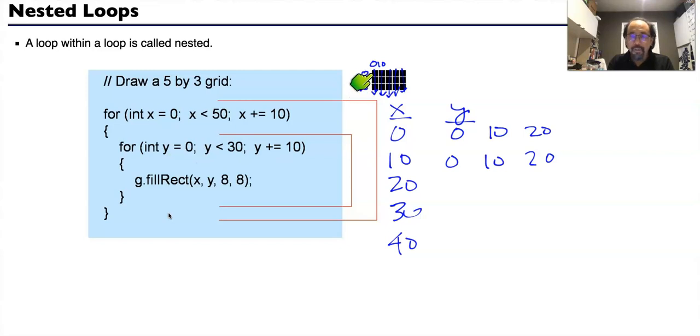When you see a nested loop, it's important to imagine how it is being drawn. What's the sequence? Is it going across or is it going down? In this case, because y is our inner loop, it's going down, down, down, down, down.